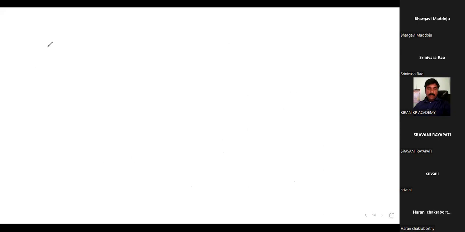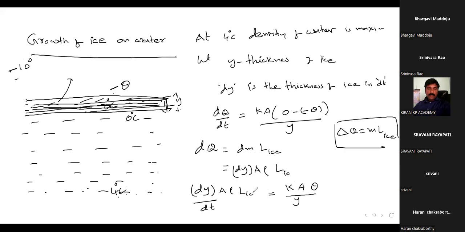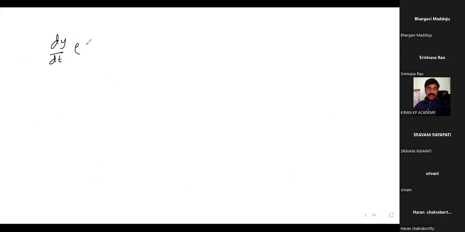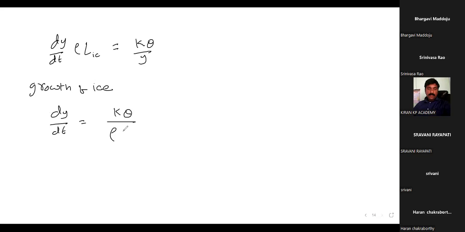A gets cancelled. So here dy by dt is the growth of ice. Dy by dt into density, and area gets cancelled, is equal to k into theta divided by L. Now the growth of ice becomes dy by dt equals k into theta divided by rho into L ice.